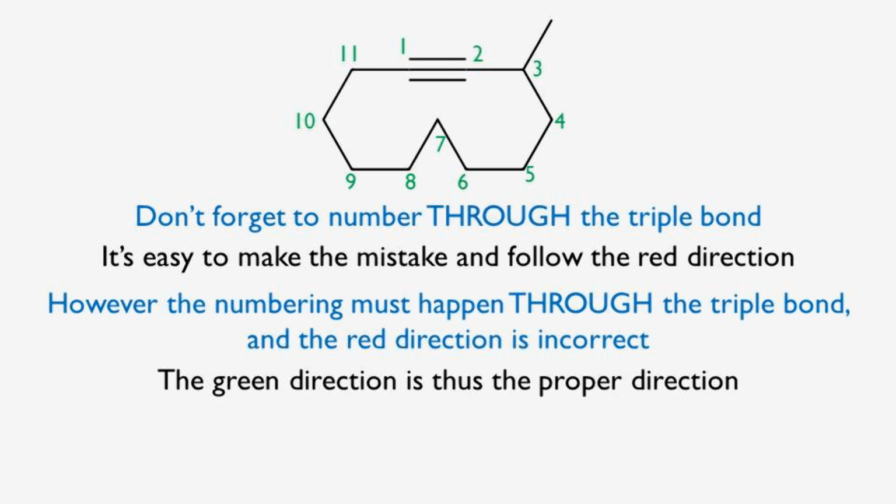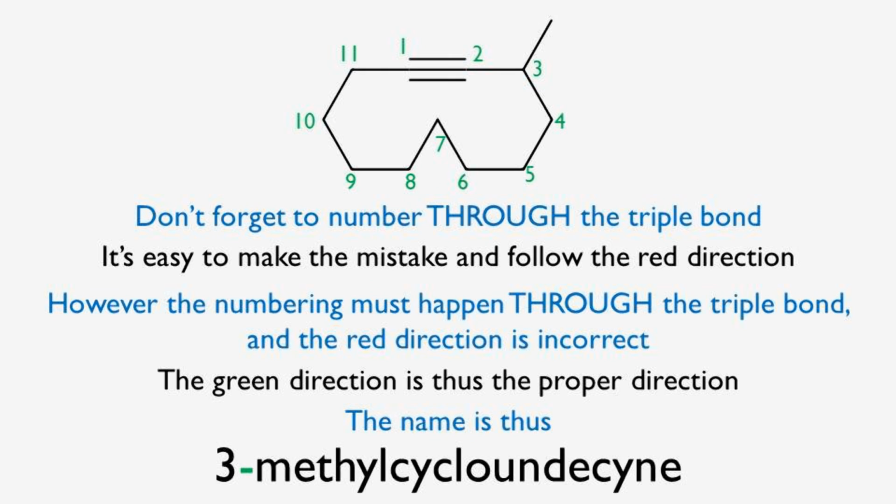Now the methyl substituent gets number 3, not number 2. And therefore the name of this alkyne would be 3-methylcycloundecyne. And as the name shows, I didn't place the 1 before the YNE because it will be assumed that it is number 1 if there are no groups of higher priority.